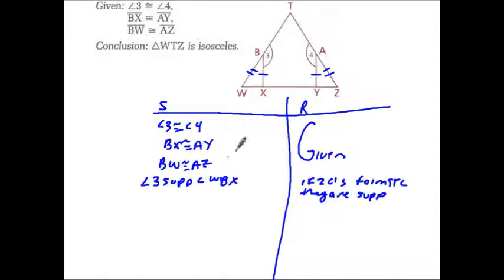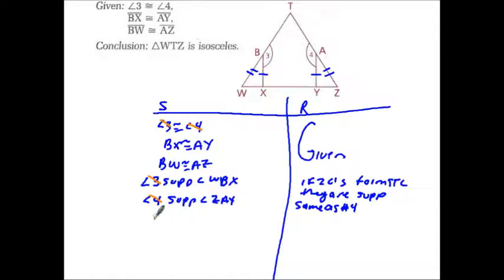Okay, my next pair right over here. Angle 4 is supplementary to angle ZAY. Same reason as before. Now, we got our nice cross-offs right here. Angle 3 crosses off, angle 4 crosses off for repeats.